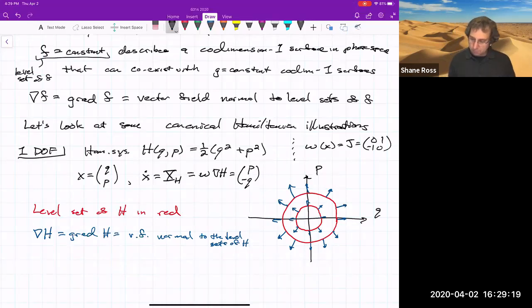What about J gradient H? I'm going to give this a name. Instead of it being the gradient, I'm going to call it S grad H for skew gradient.